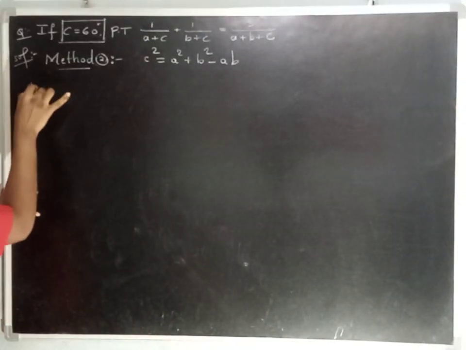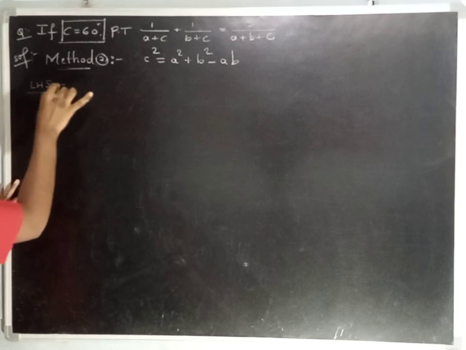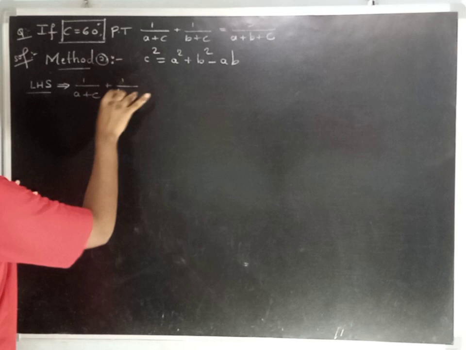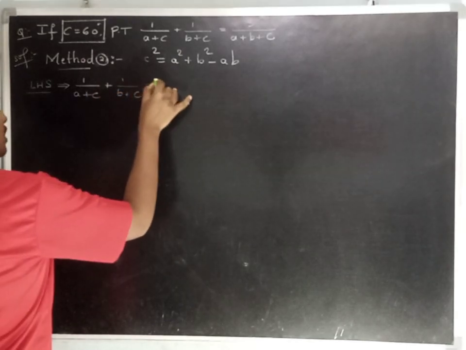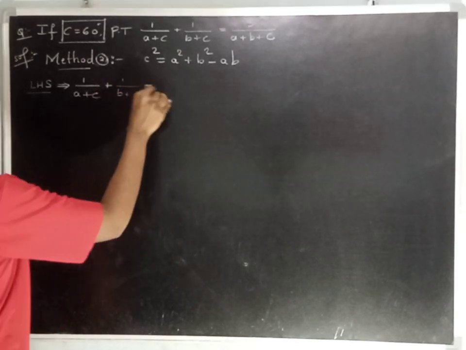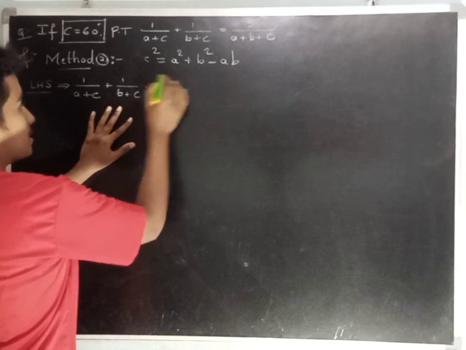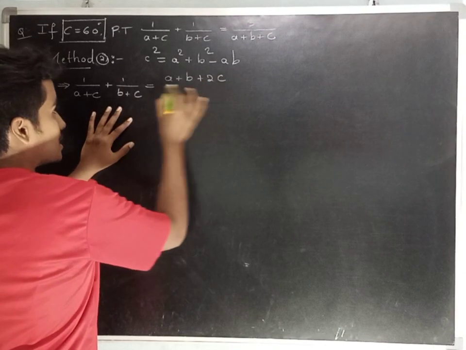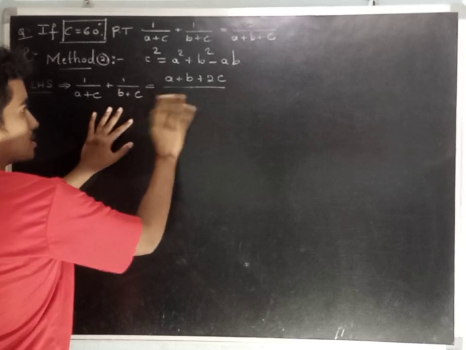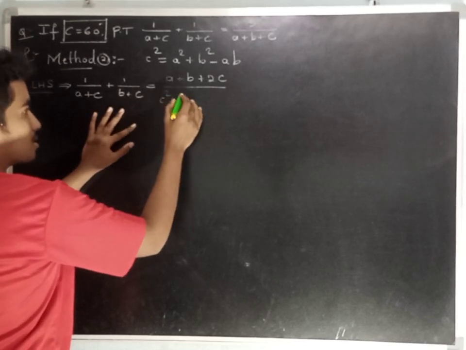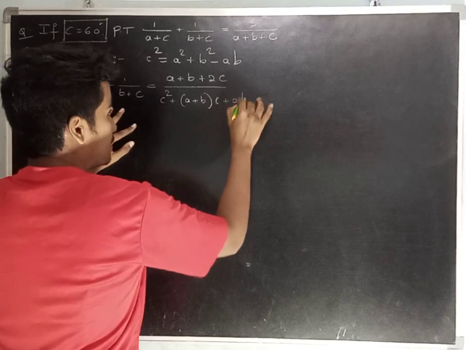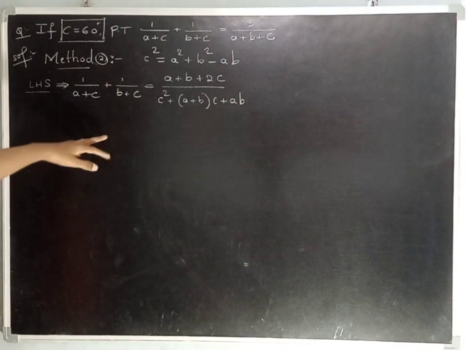So let me consider the LHS: 1 by a plus c plus 1 by b plus c. Here, further, let me take the LCM so that I am going to get a plus b plus 2c by c square plus a plus b into c plus ab.